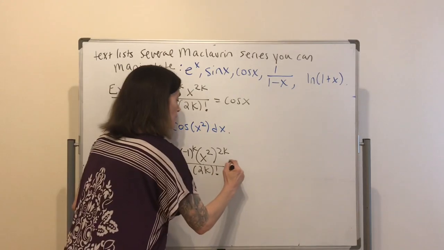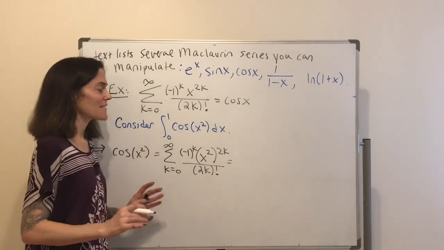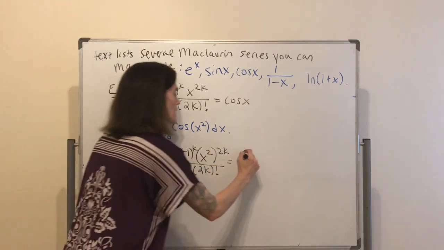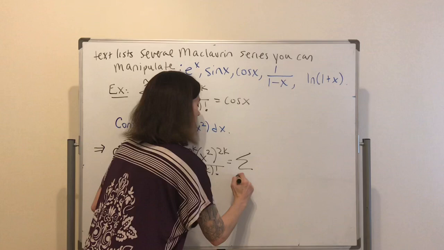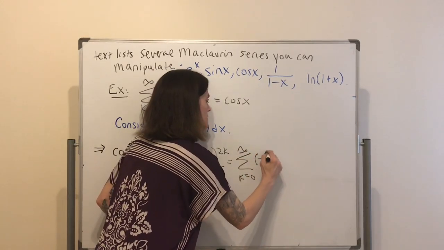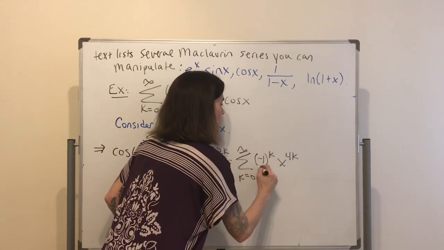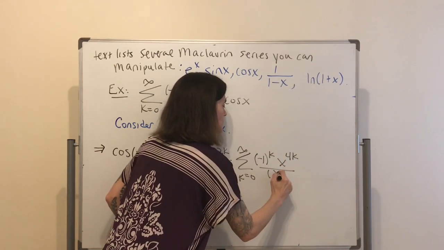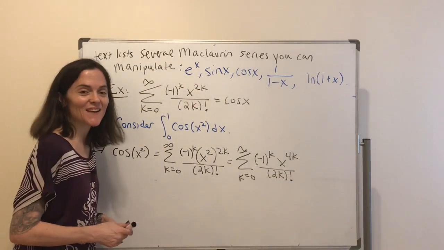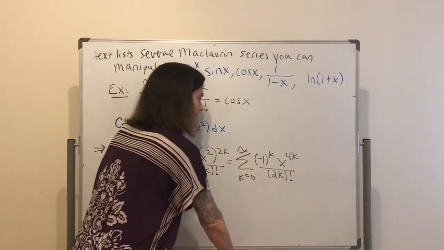And then we want to not leave it like this. We want to write every power series as some coefficients times x to a power. So one more step I would take would be the following. This would be (-1) to the k, x to the 4k over 2k factorial. This is the cosine of x squared. In fact, this is a Maclaurin series for the cosine of x squared.